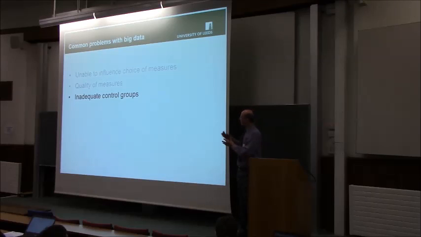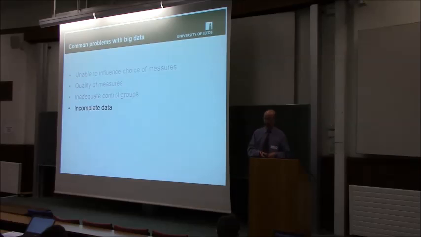So we've got an amazing rich source there, but finding a group to compare it with is needed in order to be able to draw strong inferences. So that's something which can be a potential problem with big data. You might have beautiful big data on one group, but not on the comparison group, which we need.